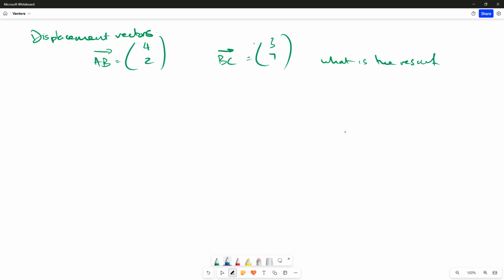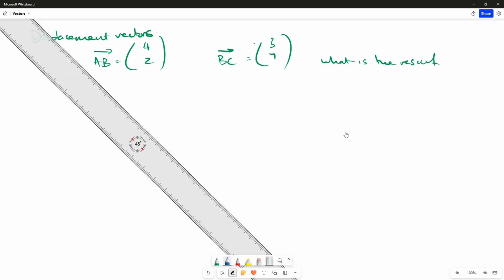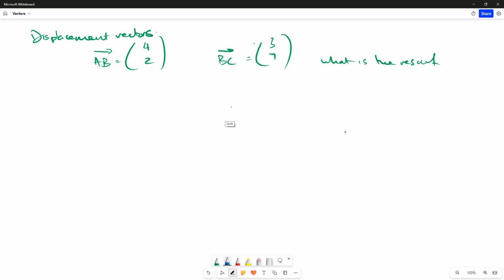The overall displacement means that if we are on a plane, again, let's say I go into just a positive space here, and I'm starting at the central point, I'm going to call it A, and I travel 4 units to the right and 2 up.